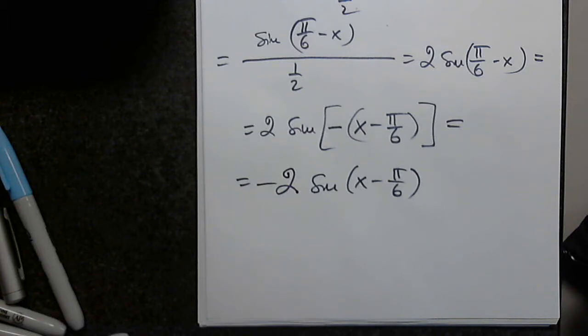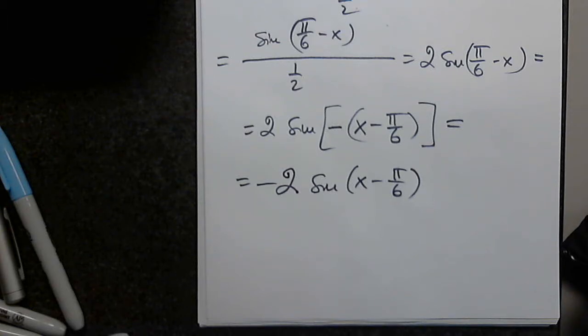Any questions? Does the order in the parentheses matter? What I mean by that is, does the x have to come first? This one is sine pi over 6 cosine x minus sine x cosine pi over 6.